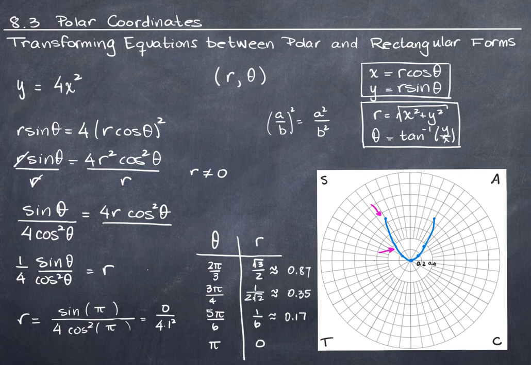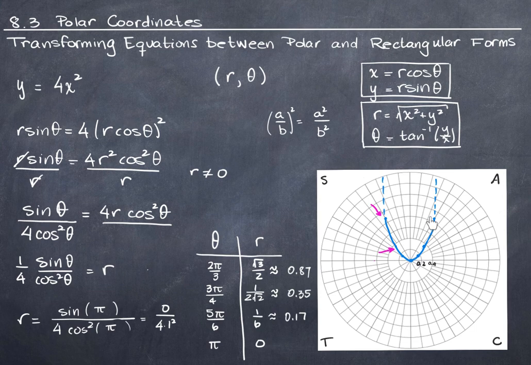And so ultimately, our graph would look something like this. Notice how each one of the points on this curve has a larger angle value and a bigger radius than each of the previous ones. So for example, this is the point associated with pi over 3.